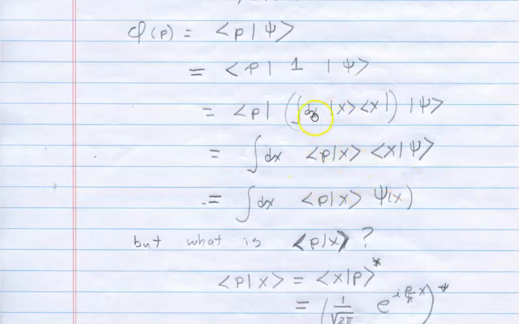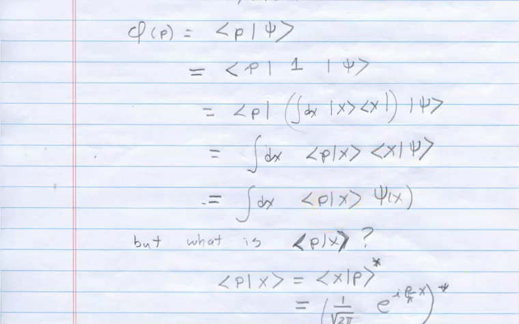And then again, I can pull this sum all outside everything. And then I get the bracket p x and bracket x psi. This one we know, it's just psi of x. And now I've got a bracket p x.